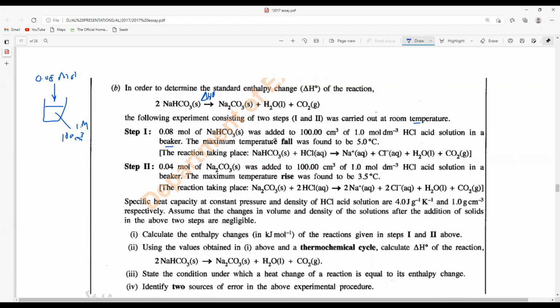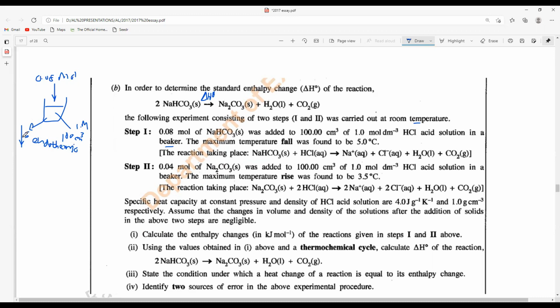And the maximum temperature fall was found to be 5 degrees. So what has happened here? The temperature has fallen, right? Which gives the idea this reaction is endothermic because the system absorbs heat. So your enthalpy will be positive, right?